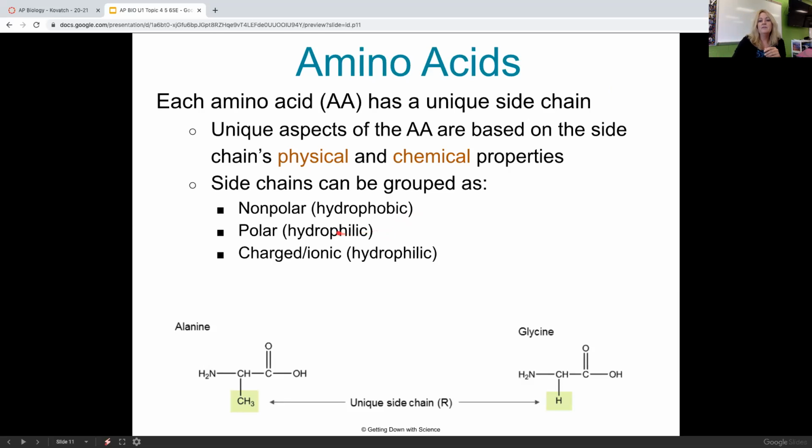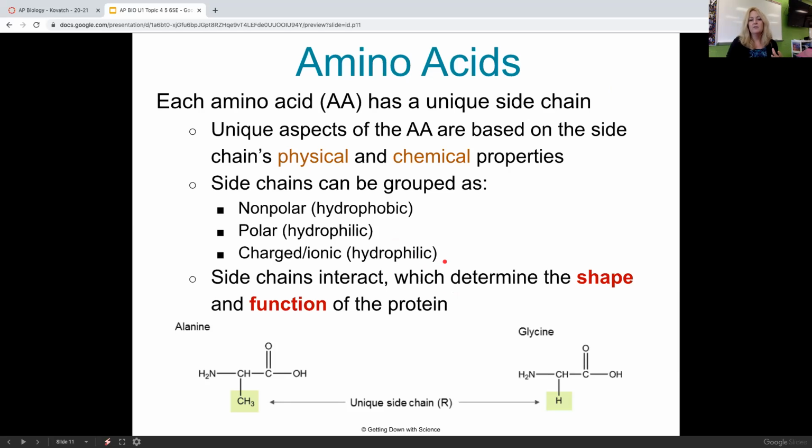And then when that whole polypeptide chain starts to fold up into a 3D shape, any amino acids that are polar or hydrophilic will tend to want to be on the outside of the 3D shape because they want to be closer to the water that surrounds it. Charged and ionic amino acids are also hydrophilic, so they act the same as a polar. They tend to want to be on the outside. So that can explain why it folds the way that it does.